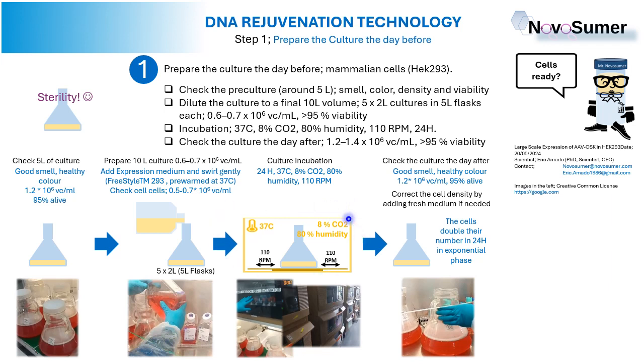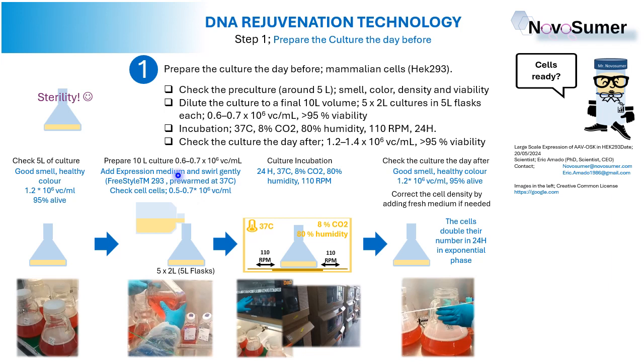And the day after, what do we have to do? Remember, we have these 10 liters of cells that were at 0.6 million per milliliter. These cells increase their population, they double the population in 24 hours.